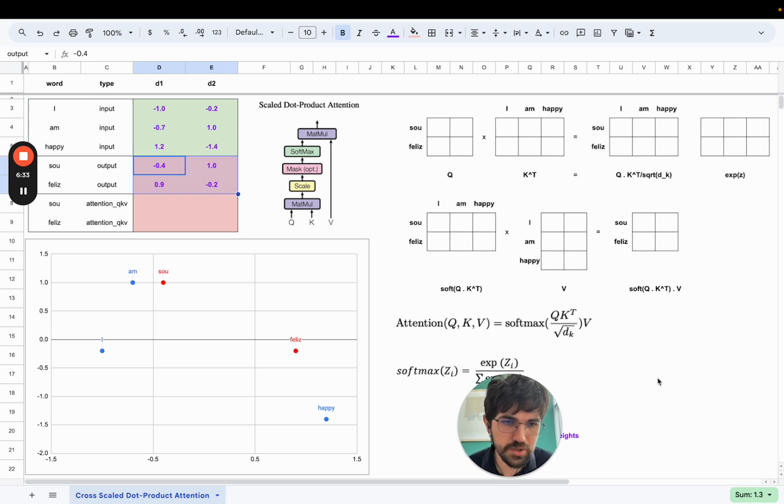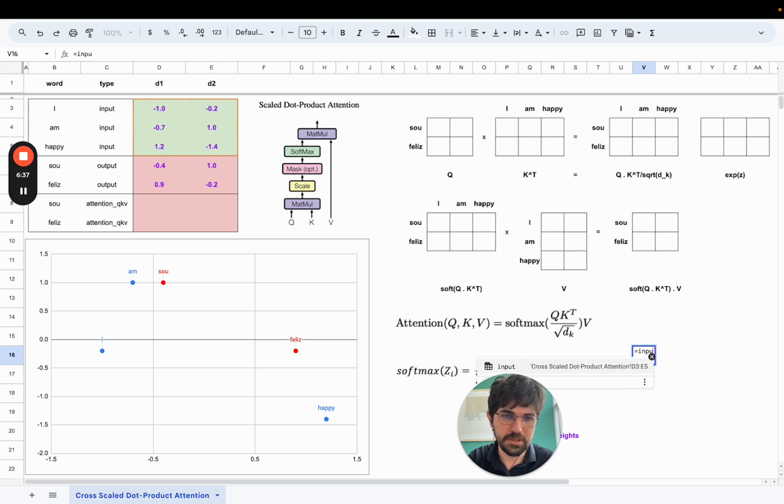Just to give some context, when I for example call input here and press Command Shift Enter, this is an array formula, which isn't very common on Spreadsheets, but here I use it a lot because it's more similar to how we would see an operation in NumPy.